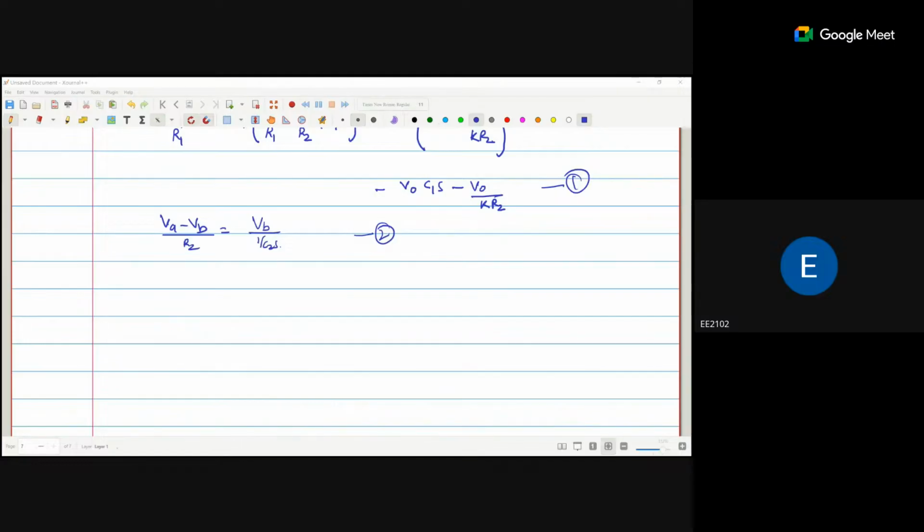First of all, you derive the transfer function V naught upon VI and the loop gain. You have to derive these two functions. After that, you put the values of GM, R1, R2, C1, C2, then find the quality factor.